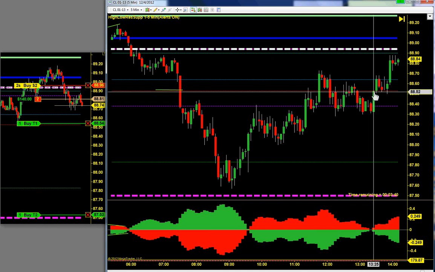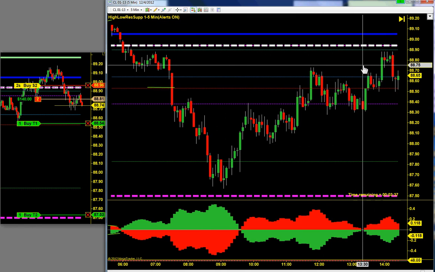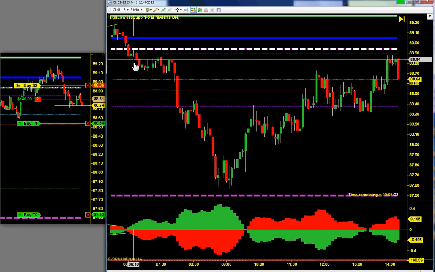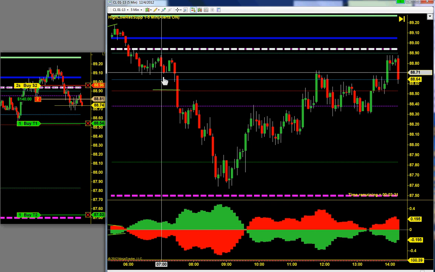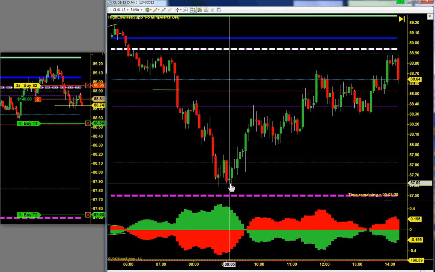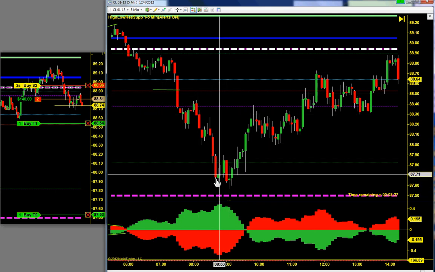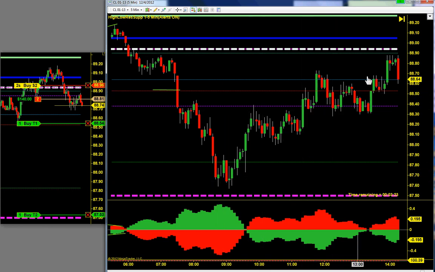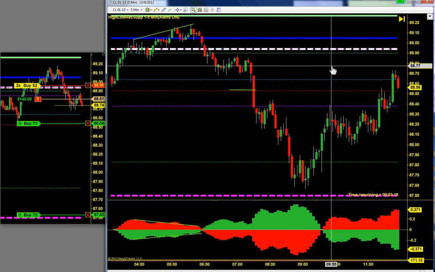Wonderful. See, it all came down from here to here and almost touched the magenta and turned back to the same position. So bank lines have a relationship.